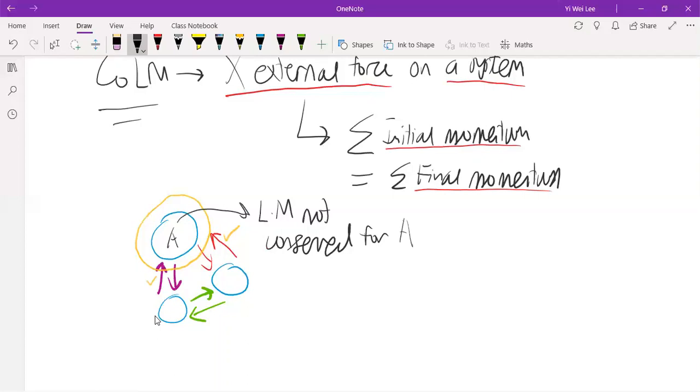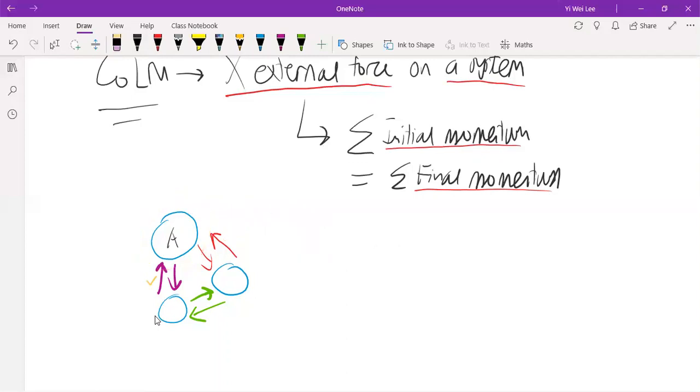However, let's take a step back. Let's say I were to not draw my system boundary here. For this argument's sake, I were to draw my system boundary across this whole thing, right? Across this whole thing, this is my system boundary. Assume that it's in a weightless environment, there's no gravity.